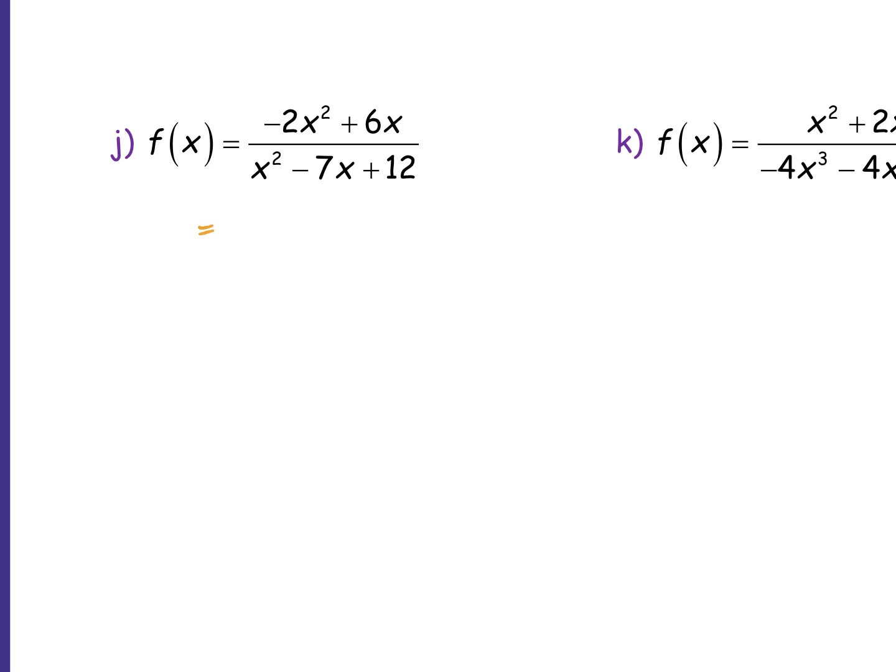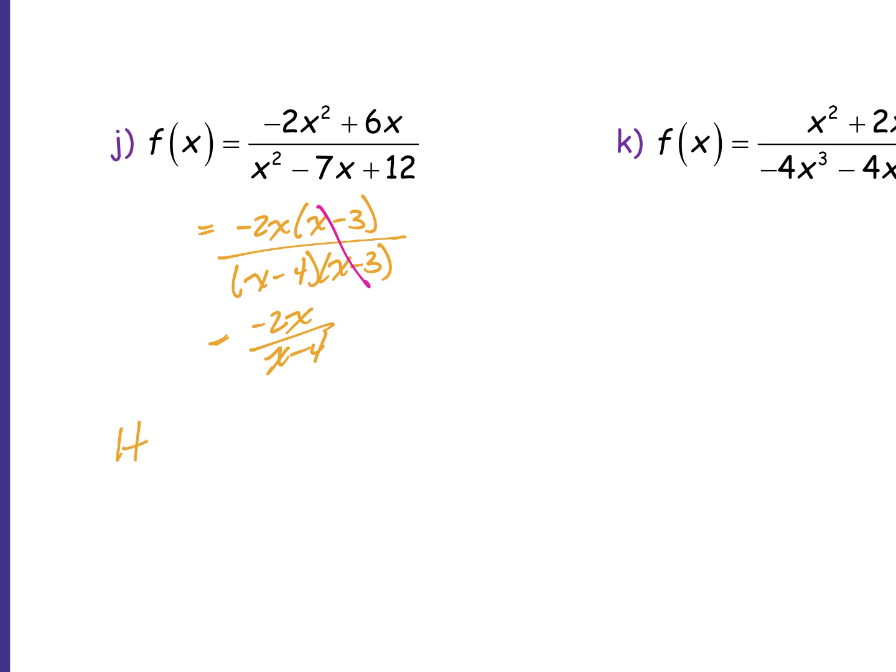Okay, I'm going to factor down here this time. Negative 2x... the hole would be at 3.